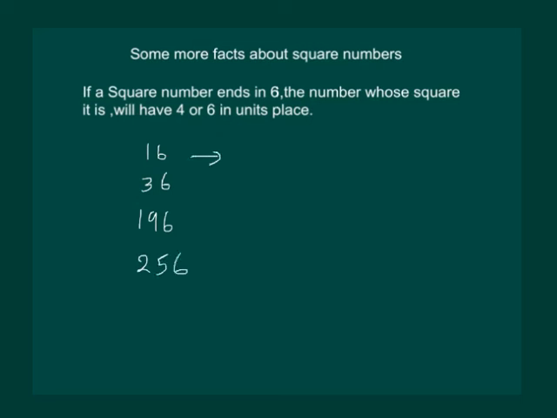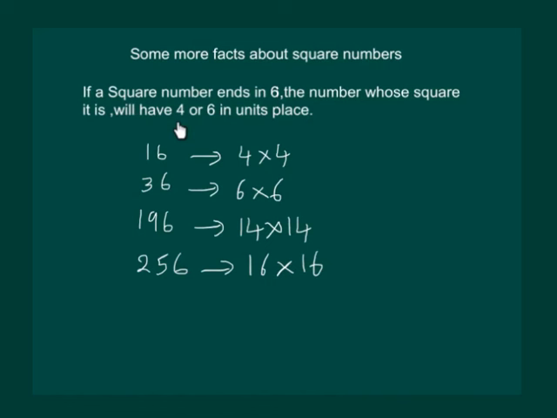We know that 16 is a square of 4, 36 is 6 into 6, 196 is 14 into 14, and 256 is 16 into 16. Clearly, we are either having 4 or 6 in the units place. Like in 14 we have 4 and in 16 we have 6. And so this fact also holds.